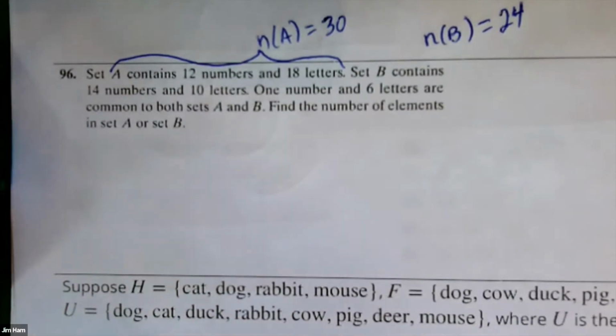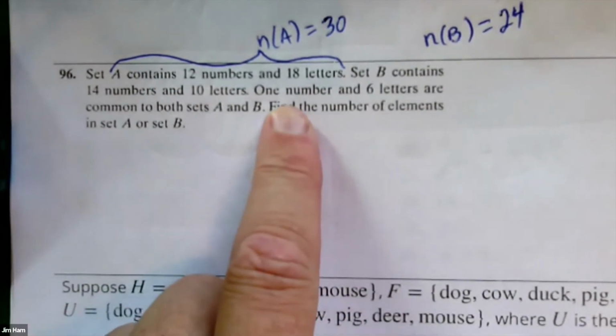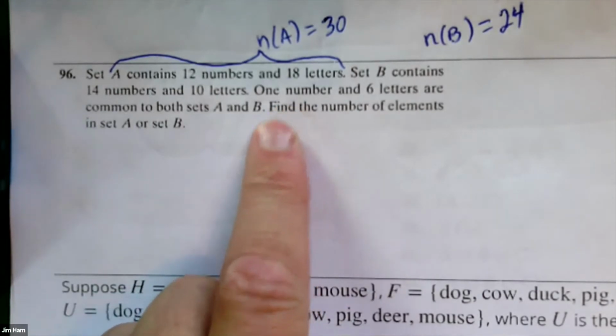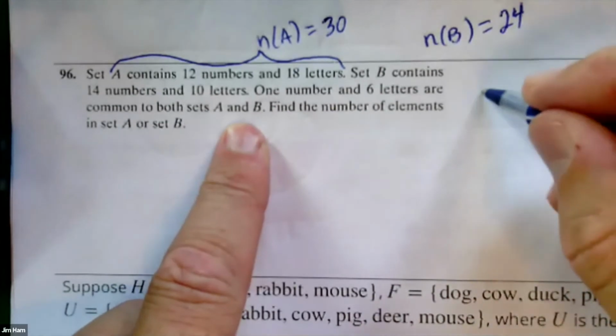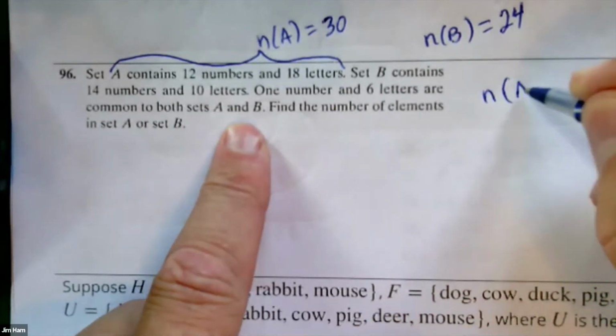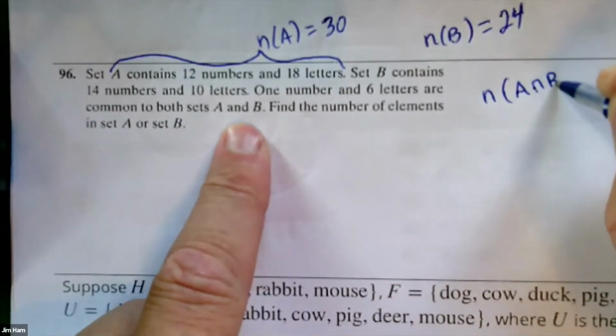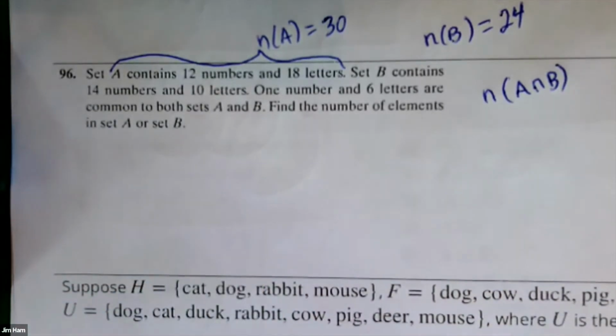That's correct. Now, the next sentence says, one number and 6 letters are common to both sets. What they're trying to describe to you there is the number in the intersection. If we have one number and 6 letters common to both, how many elements are in the intersection then?